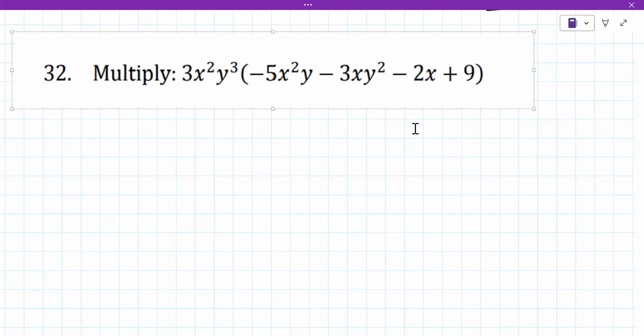Negative 15 x to the fourth, y to the fourth, minus 9x to the 3, y to the 5, minus 6 x to the 3, y to the 3, plus 9. 15, negative 30, x.